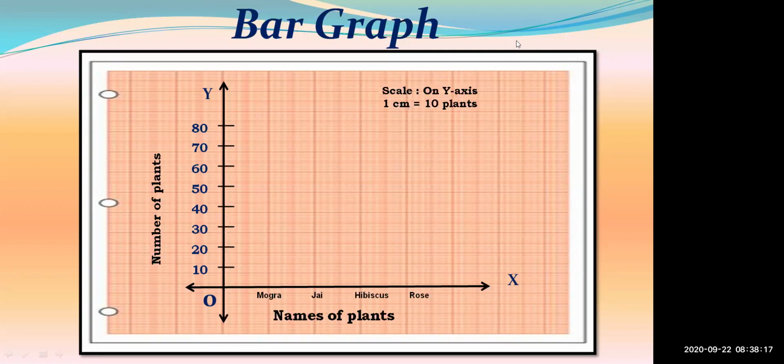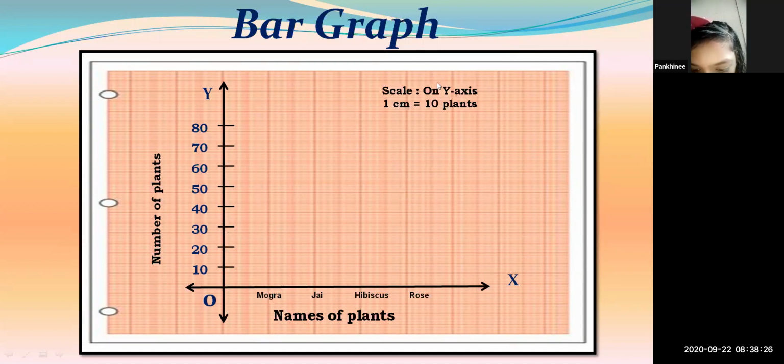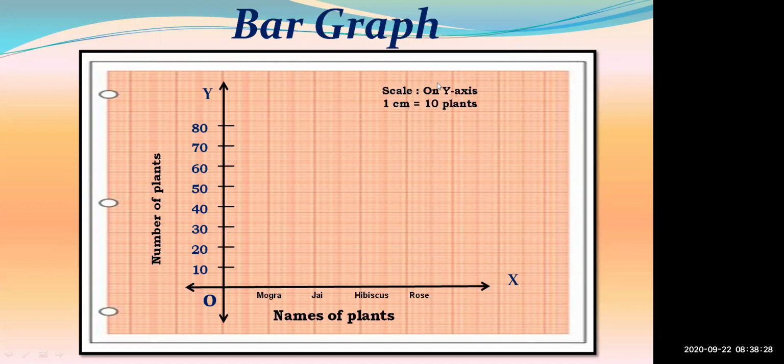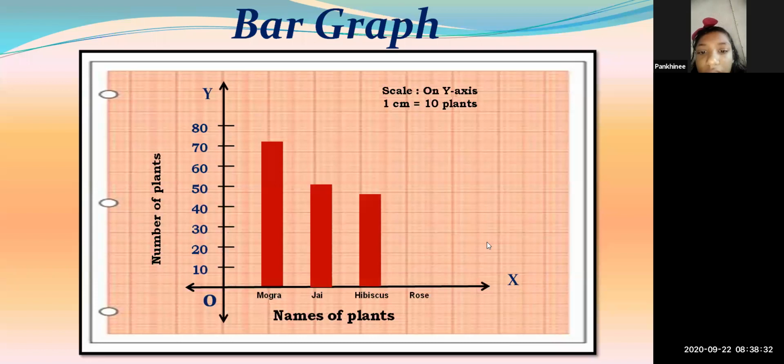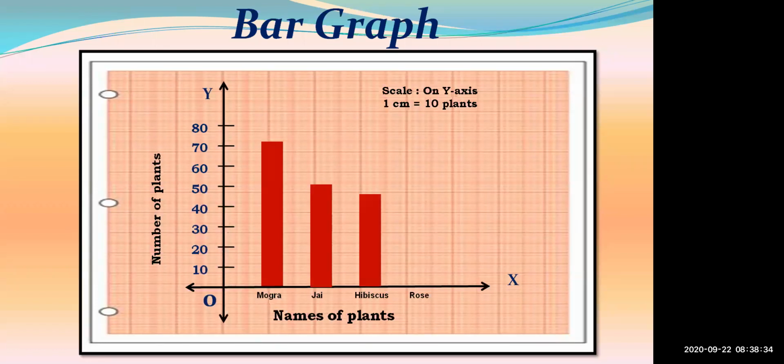Okay. Now can you tell me what is the quantity of hibiscus here? 45. Okay. Now what is the quantity of rose here? 80. So the quantity of rose is 80. This way you have to see the information, and according to that information you have to draw a graph here.